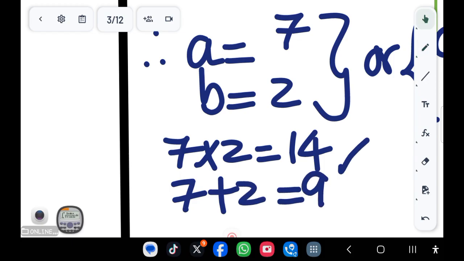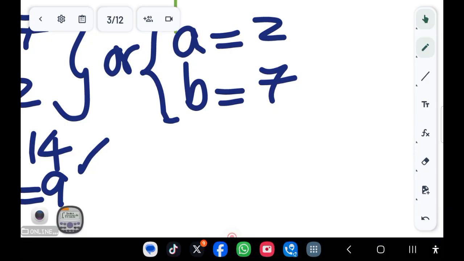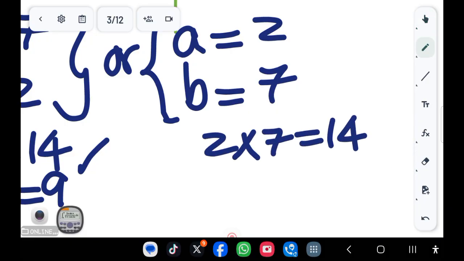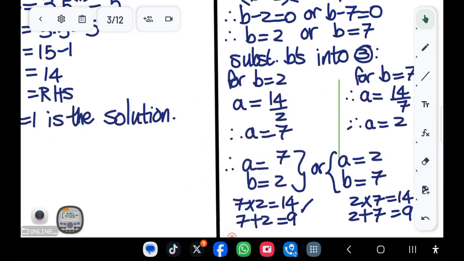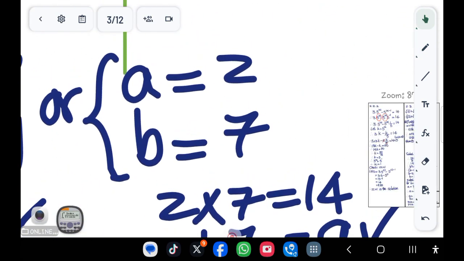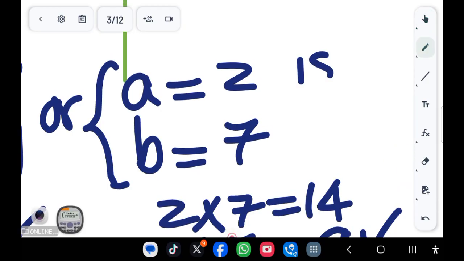It checks out. Same story over here: 2 times 7 will give us 14, and 2 plus 7 will give us 9. So either way, it checks out. Therefore, this is the solution.